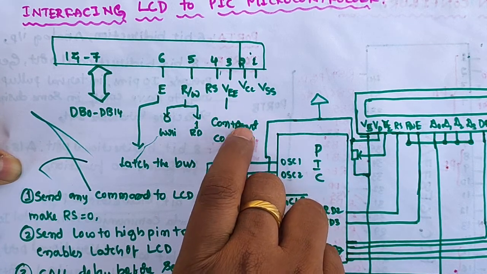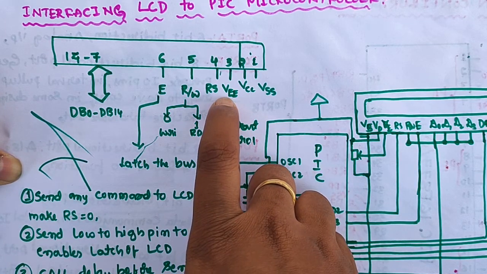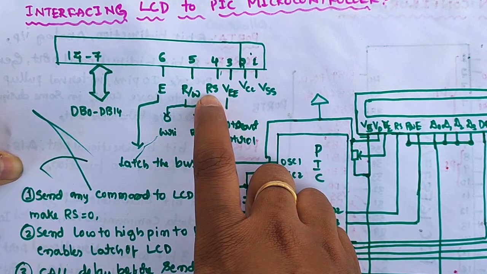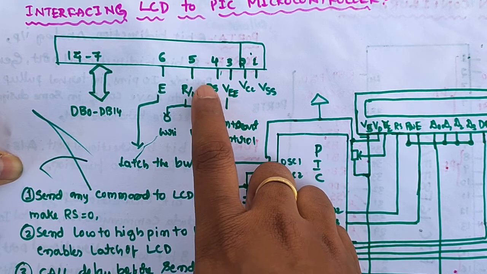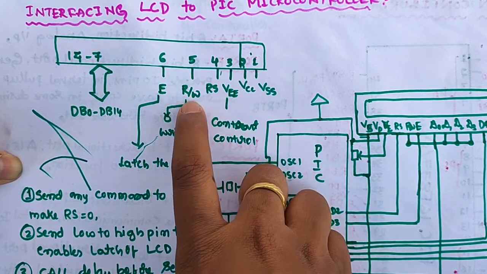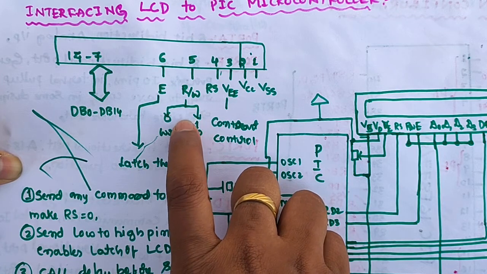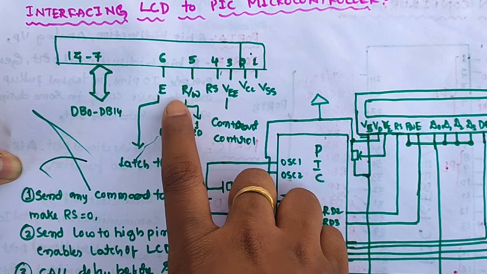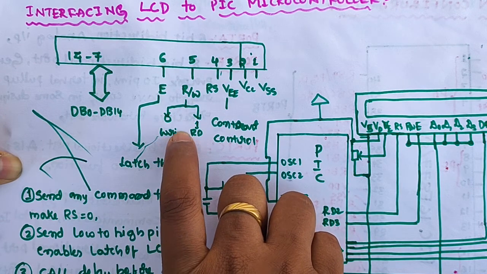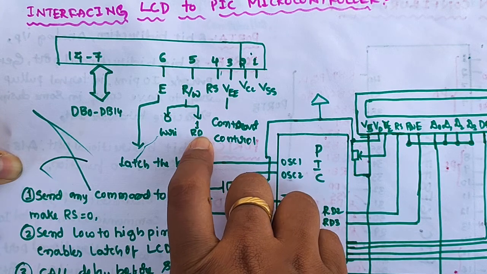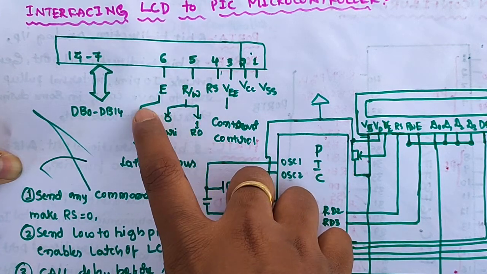If you want to set the contrast, you can give the supply to VEE. The RS pin is the register select, controlling the controller of the LCD, and pin number 5 is read and write control. If you make this logic 0, it writes the data. If you make this pin logic 1, it reads the data from the LCD.